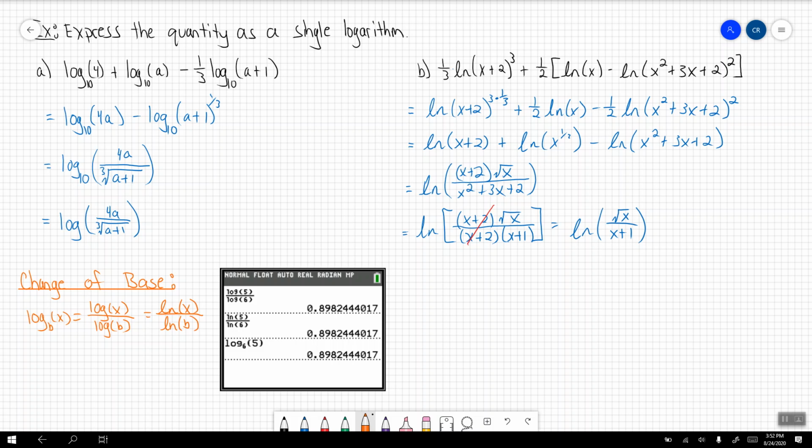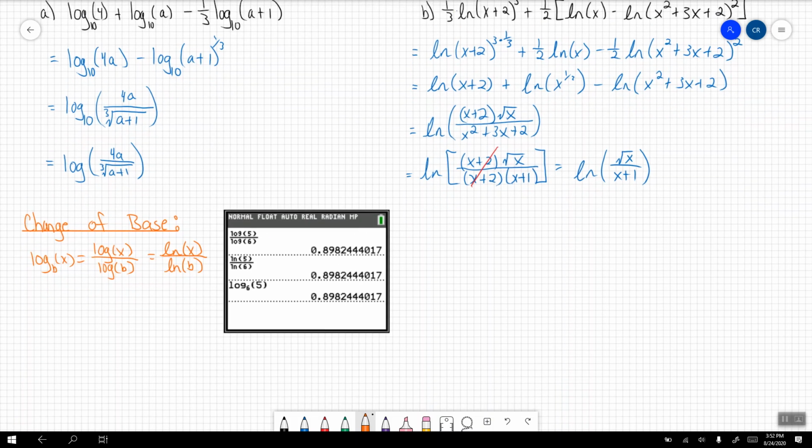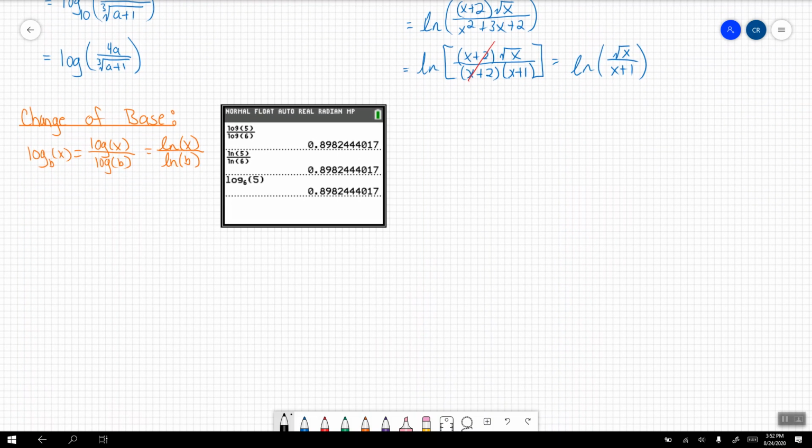Notice all 3 options are the exact same number, whether we used a common logarithm, in other words logarithm of 5 divided by logarithm of 6, or whether we use a natural log, as in natural log of 5 divided by natural log of 6. All 3 options get us the exact same value, and that's exactly what we want to see. So as we proceed, we're going to keep this in the back of our mind, and we're going to be able to use that technique, using that change of base.